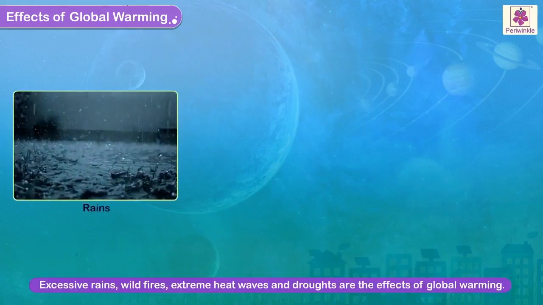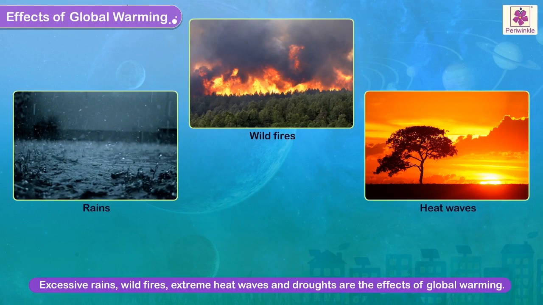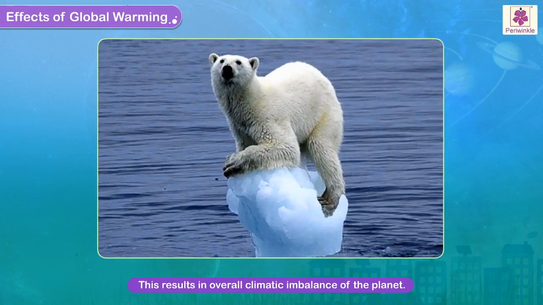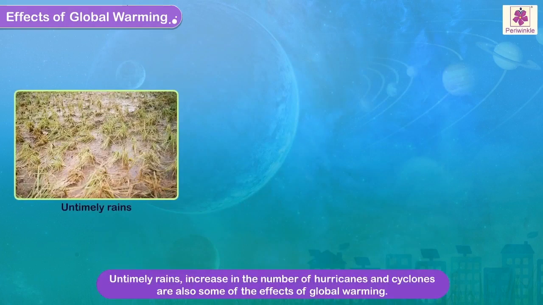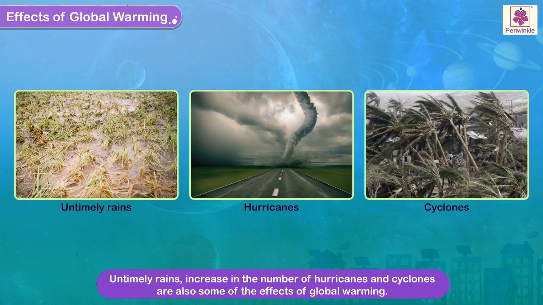Excessive rains, wildfires, extreme heat waves, and droughts are the effects of global warming. This results in overall climatic imbalance of the planet. Untimely rains and an increase in the number of hurricanes and cyclones are also some of the effects of global warming.